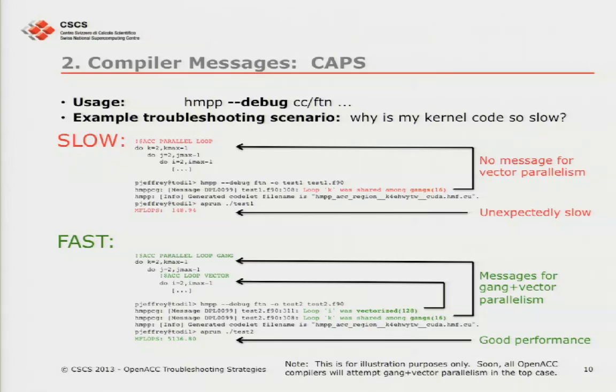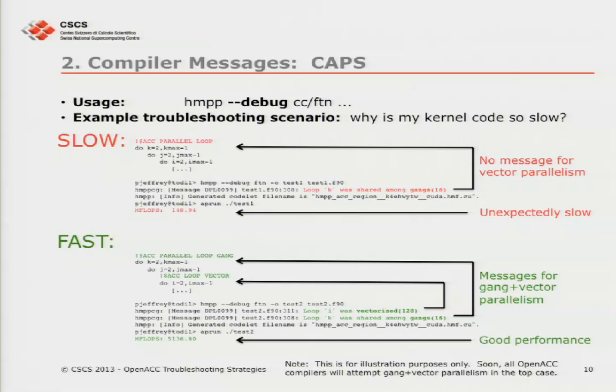And you get, again, a different type of message from CAPS, but it's telling you very similar things to the previous two examples. In this case, I wanted to show a simple scenario where we've got a triply nested loop, and we're using a parallel directive here. We compile and we run, and we find that it's running maybe 10 times slower than on the host.